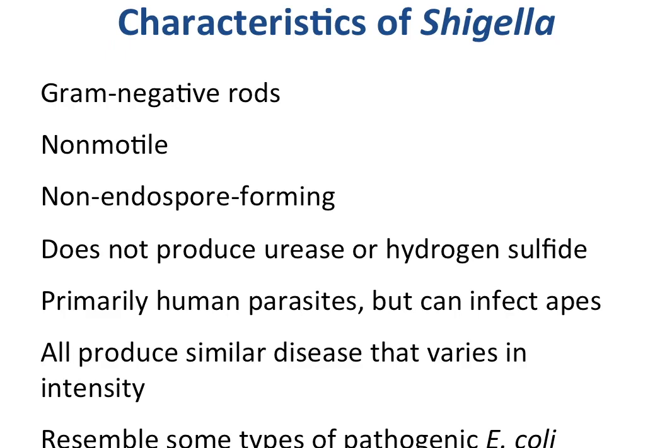Shigella is a gram-negative rod, non-motile, non-endospore forming. It does not produce urease and hydrogen sulfide. Humans are the most important host for Shigella, although apes can also get it.